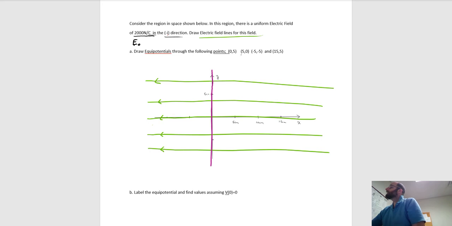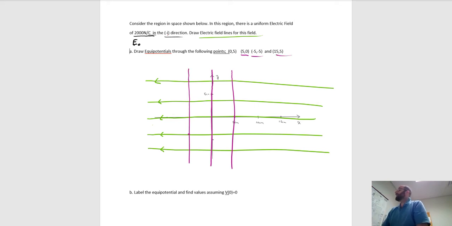Next, (5, 0) is here. Again, the equipotentials need to make a right angle to the electric field, so they look like this. Let's see, (-5, -5) is left 5, down 5, that's about here. The equipotential through that point looks like this.